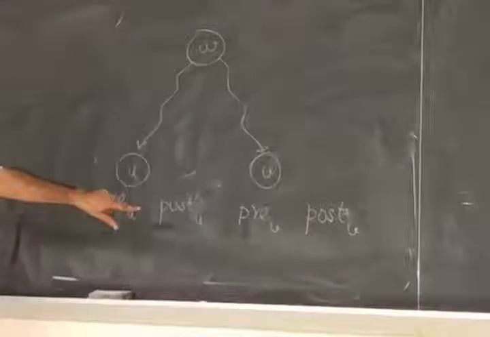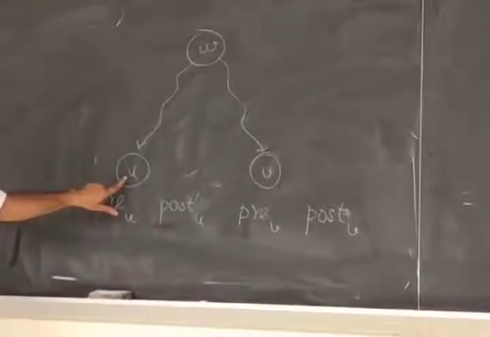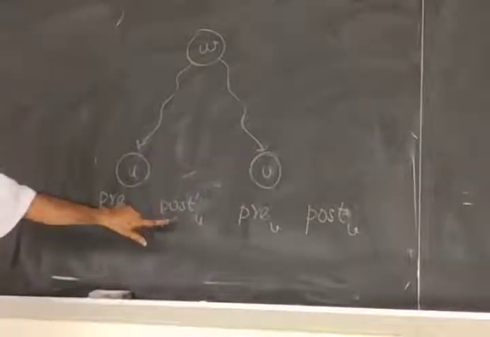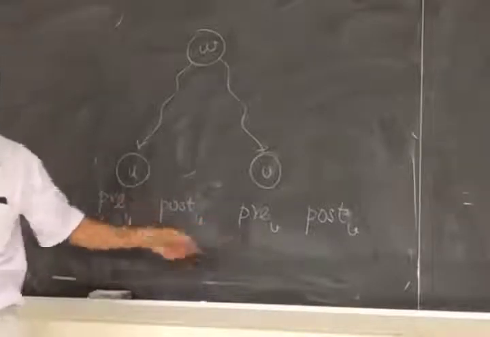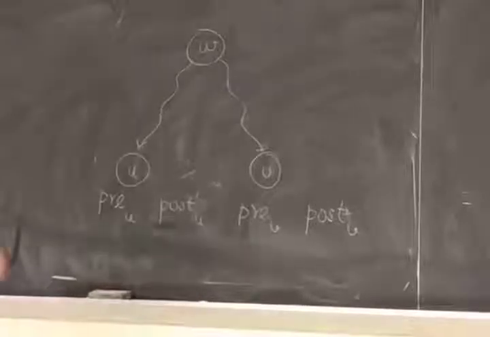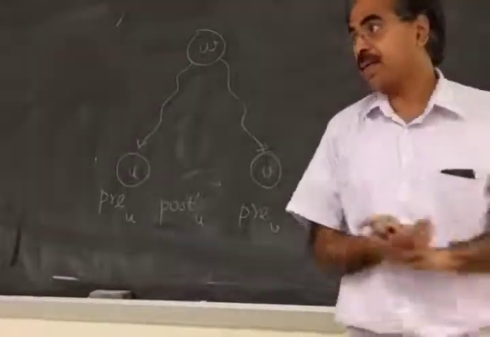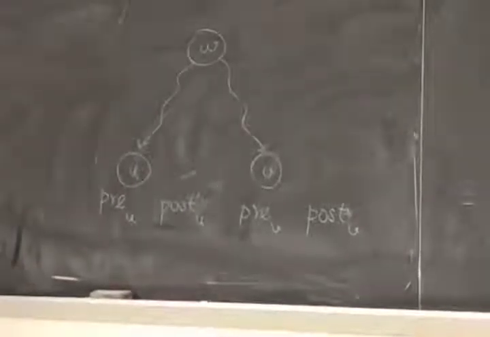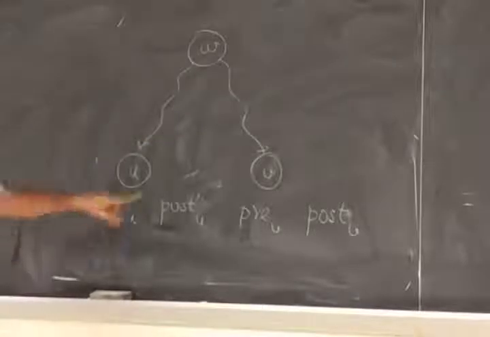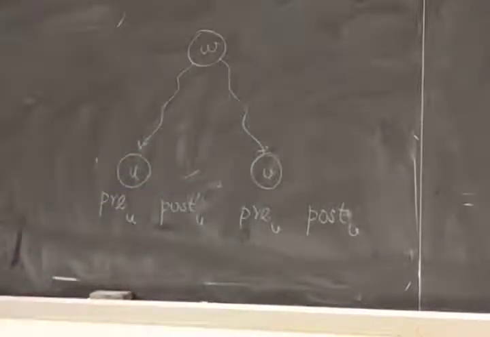So we can easily see that post-u, because you'll finish traversing u and then go back up to w, and then only you're going to come to v, which means that post of u should be less than pre of v, right? Which means that these two intervals are completely disjoint. Okay, so that's all we are saying, right? So these are the only two cases, right? Either it's a descendant or it's not a descendant, right? And we made an assumption here that they have a common ancestor for this explanation, but that's not, strictly speaking, required.